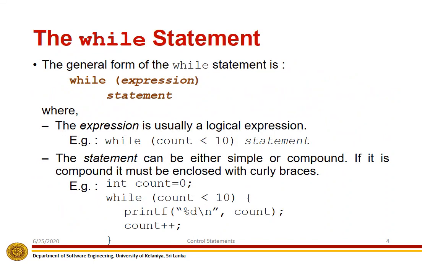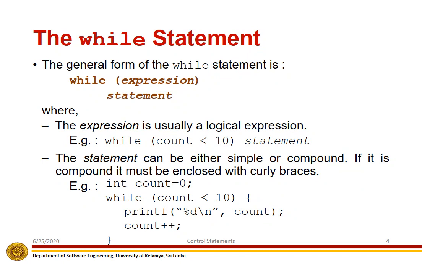The general form of the while statement is while, then an expression inside the parentheses, and a statement, where the expression is usually a logical expression. You can see an example in the slide. There I have given the expression inside the parentheses: count is less than 10.